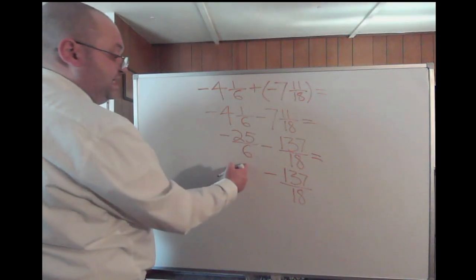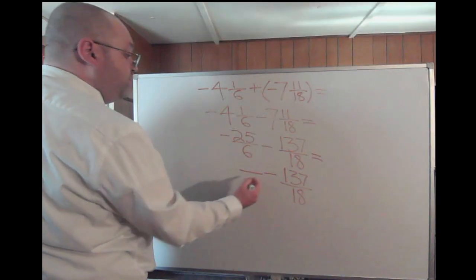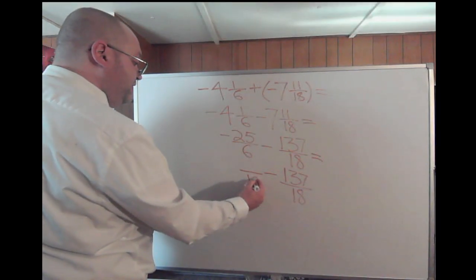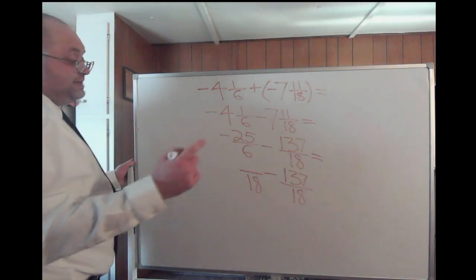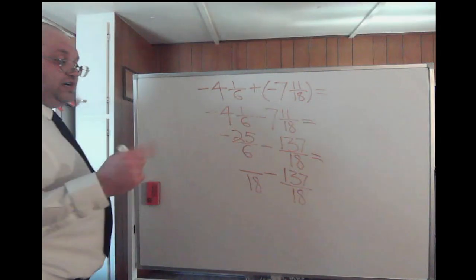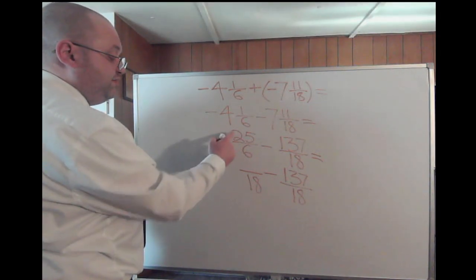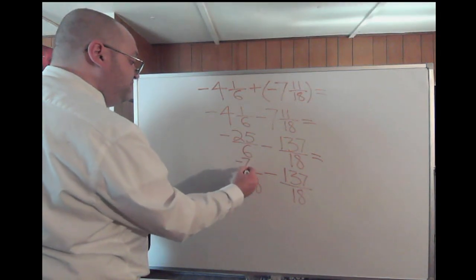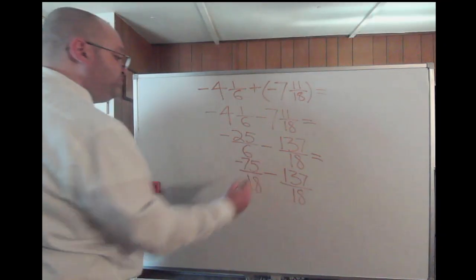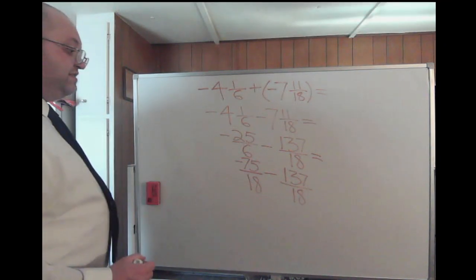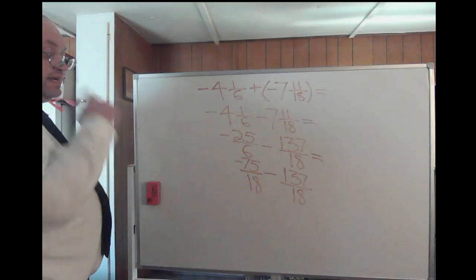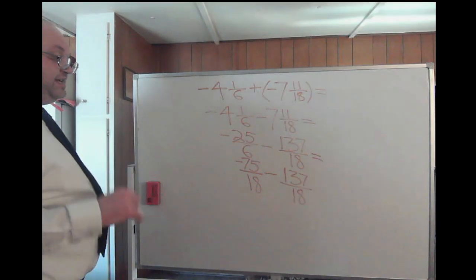But we need to convert that 6 into 18. In order to do that, we have to multiply by 3, which means we have to do it to the numerator too. We also have to multiply by 3. Negative 25 times 3, that's negative 75. Now you have negative 75 eighteenths minus negative 137 eighteenths.